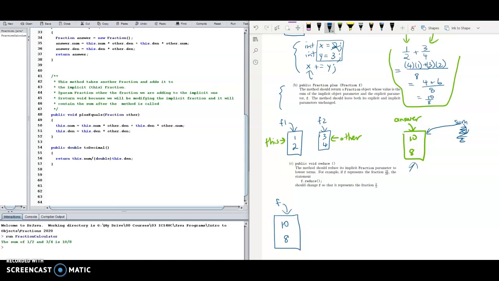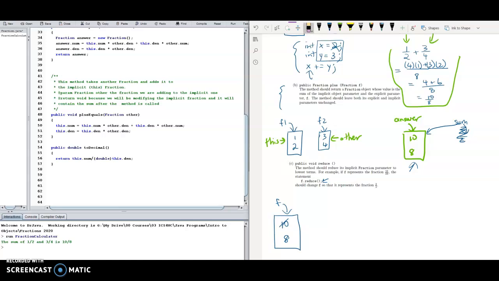So if I wanted to reduce 10 over 8, we know that the answer should be divide by 2 and you get 5, and divide by 2 and you get 4, right? So that's what we want in there after this function call goes through, we want this 10 over 8 to change into 5 over 4. But for now, it's 10 over 8.